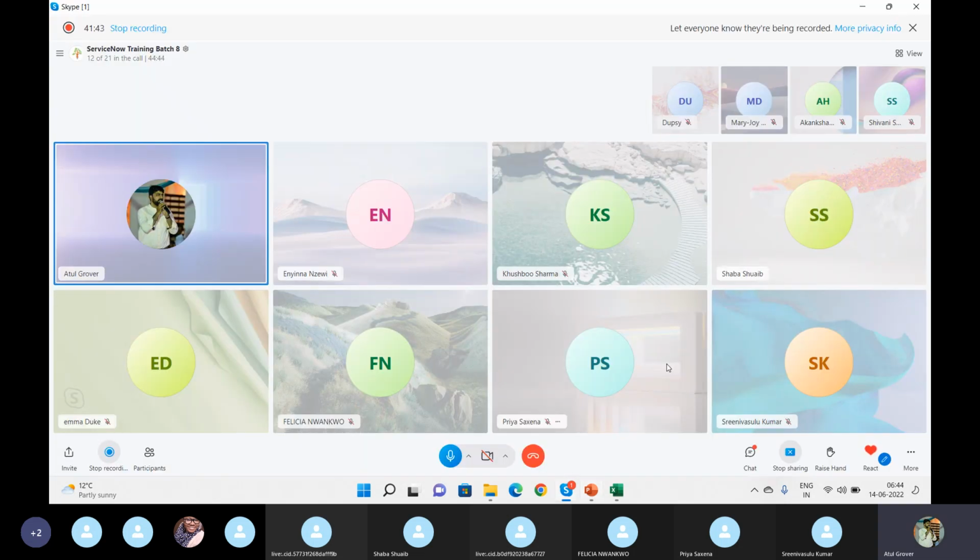So the BA should be probing the things as much as possible. I'll give one more example here. I'm 100% sure every one of us faces these circumstances in our life. Okay, let's take Khushbu as the example here.